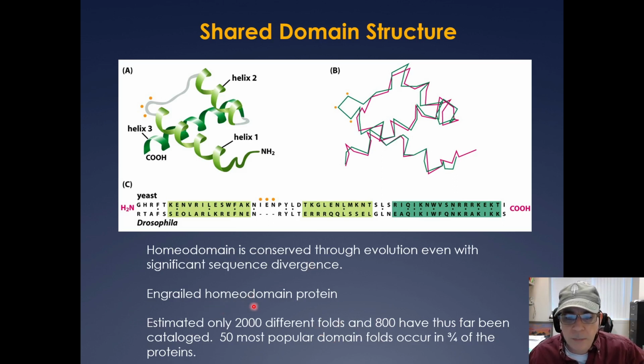It's estimated that there are about 2,000 different folds, and 800 have thus far been cataloged. Actually, 50 of the most popular domains occur in three-quarters of all the proteins out there. When it comes to structural biology, before I get to the next slide, I wanted to mention that Rutgers University houses the Protein Data Bank.